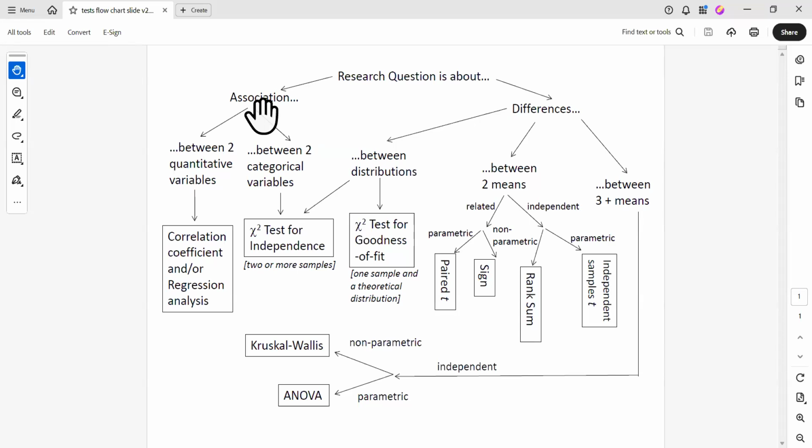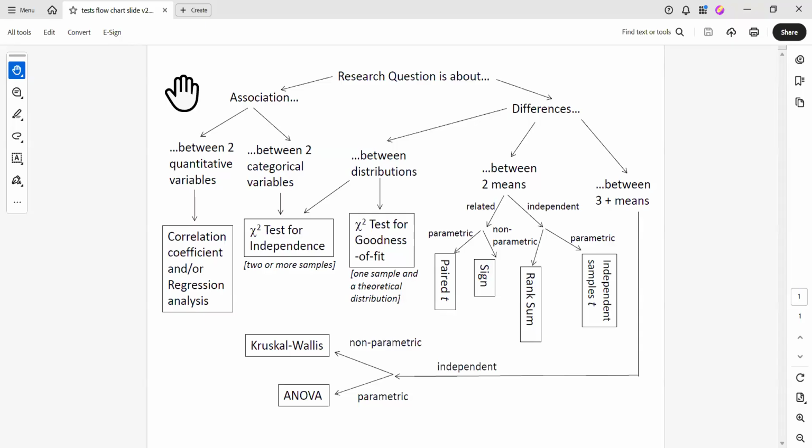Going back to the top of the diagram, if our research question is about association, that's our arrow to the left. If our association is between two quantitative variables, then we'll use correlation coefficient and/or regression analysis.